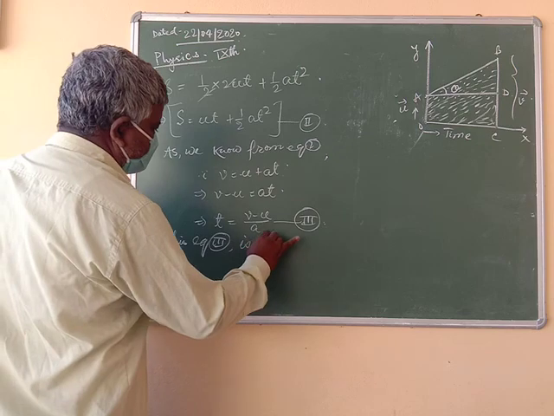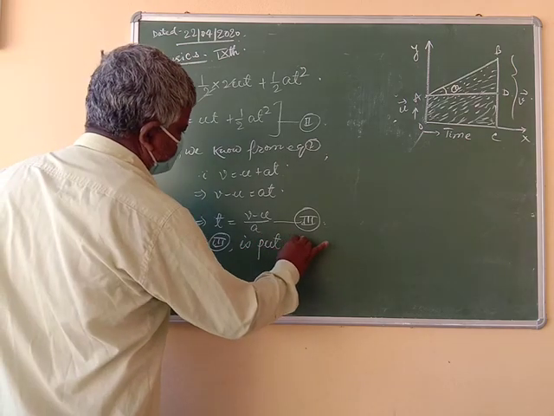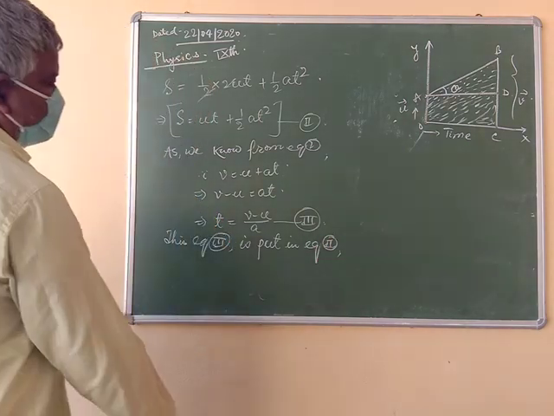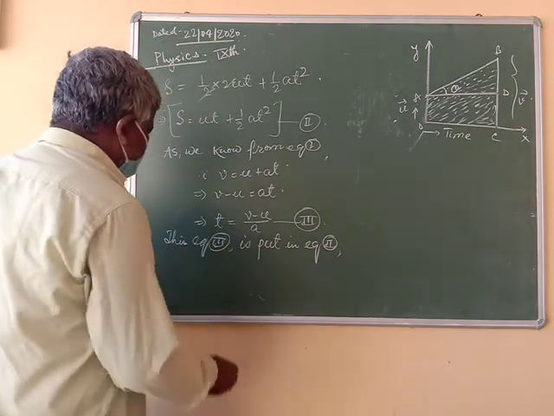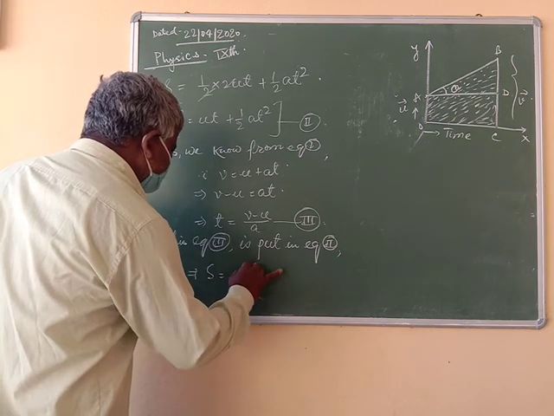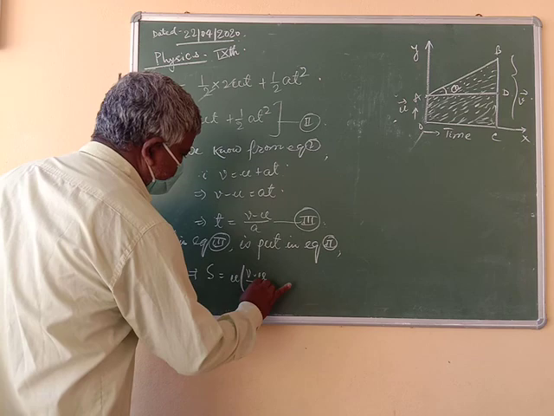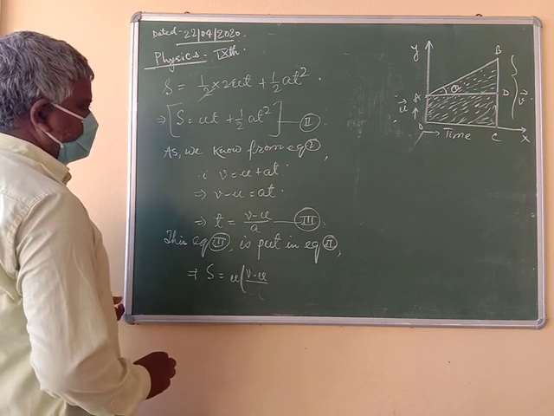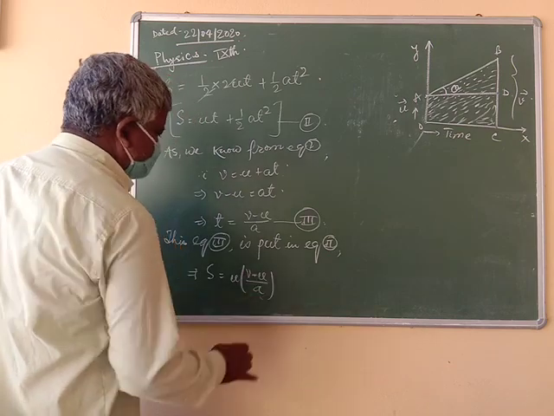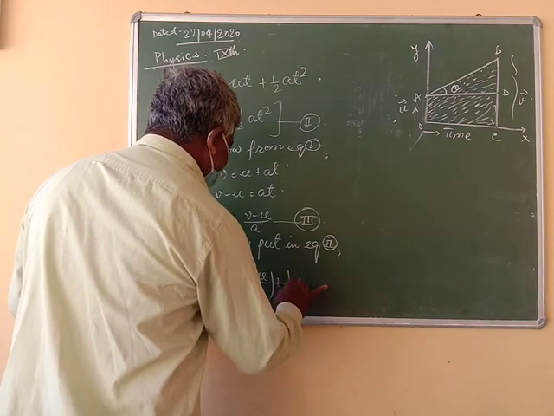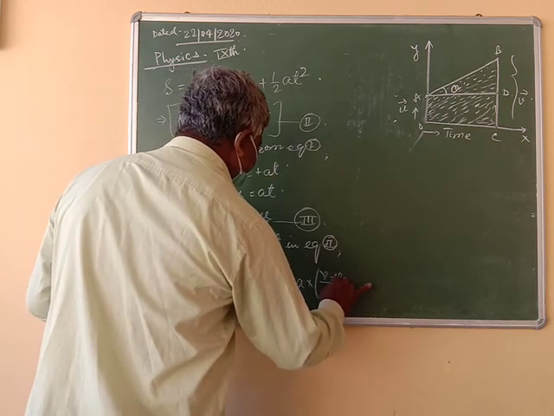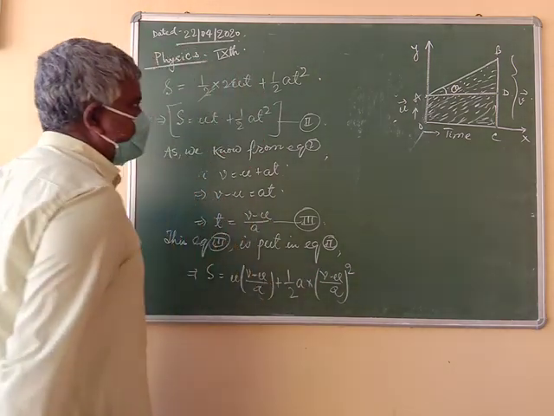Put it in equation second. We get s is equal to u into v minus u over a plus half a into v minus u over a, whole square.